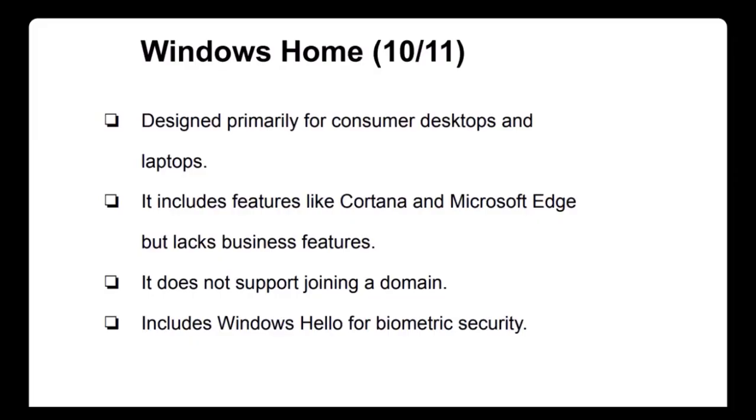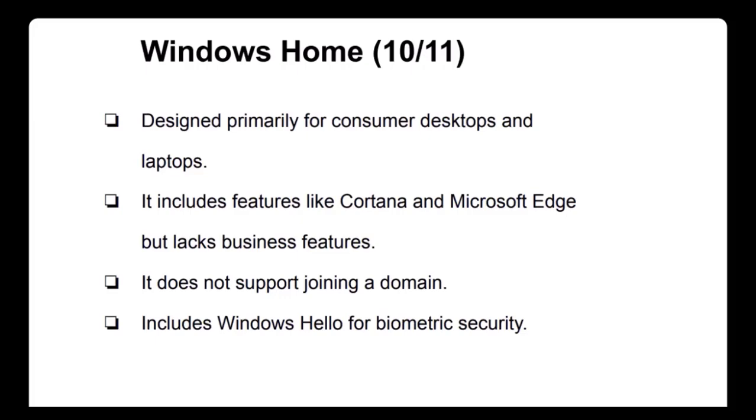Windows Hello is the biometric authentication that you can set up on Windows Home 10 and 11. Typically, this will be a fingerprint or a facial recognition scan through your webcam. Windows Home does not have domain support, the infrastructure you use for an operating system in a business environment.